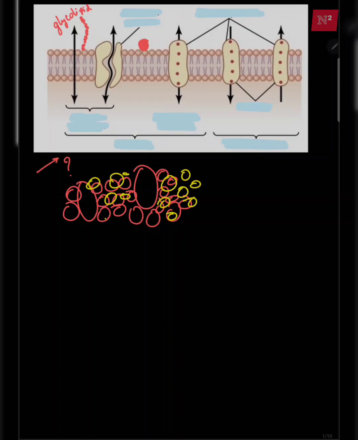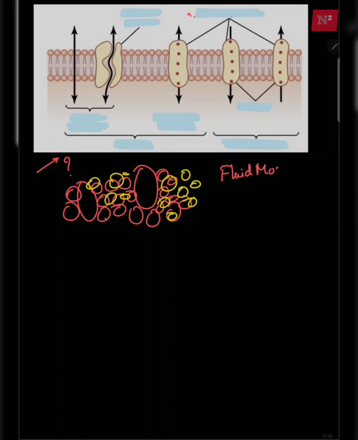Supposedly it is not attached to the lipid, but it is attached to either the transmembrane protein or an extracellular protein. Those molecules are called glycoproteins. Okay, so these are the cellular structures which give the appearance of the fluid mosaic model of the cell membrane.